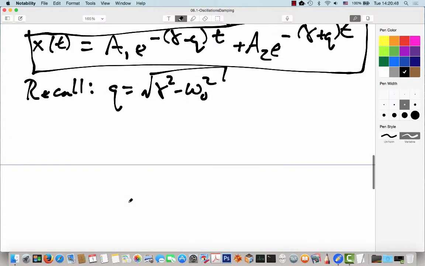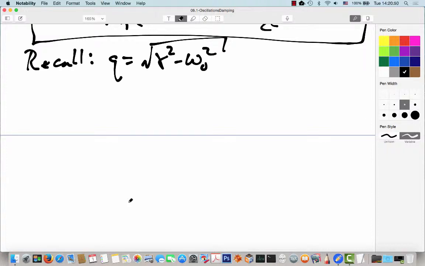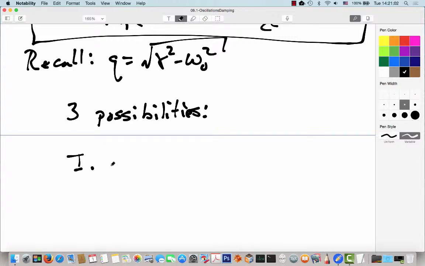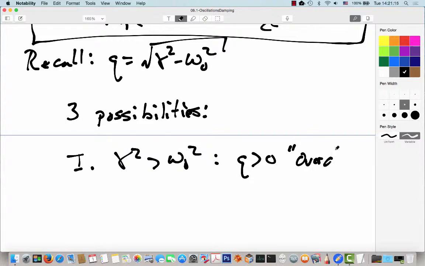So there are a total of 3 possibilities that we can have here. Possibility number 1 is that gamma squared could be bigger than omega naught squared. If that's the case, then q is greater than 0. We call that overdamping.